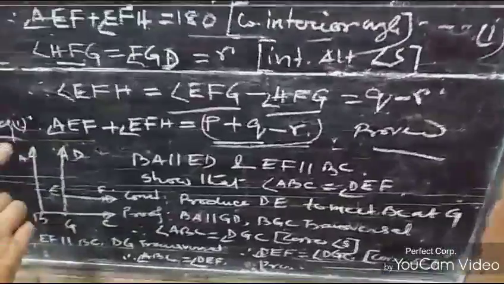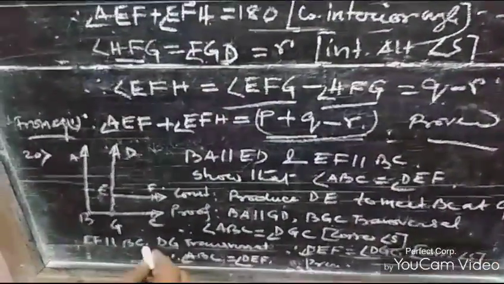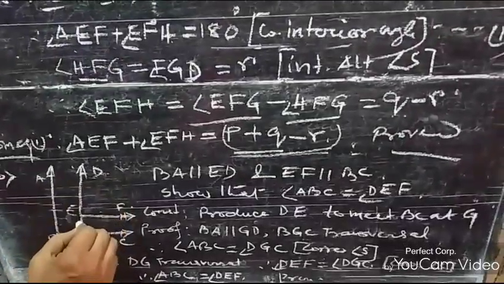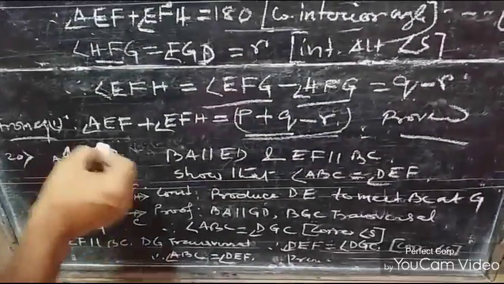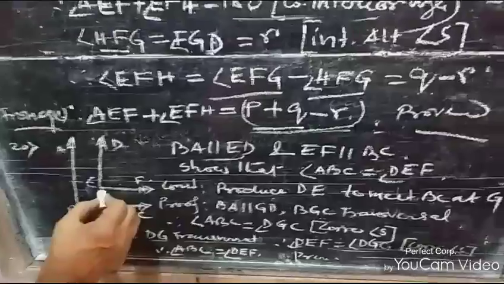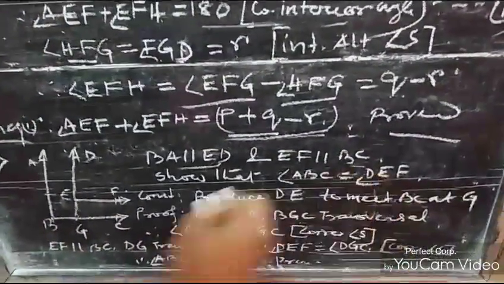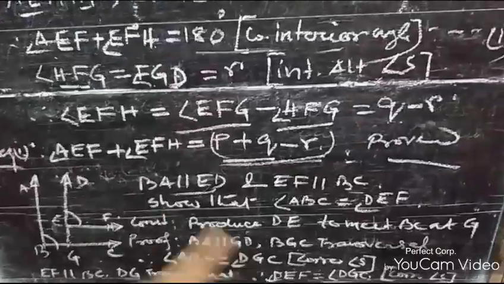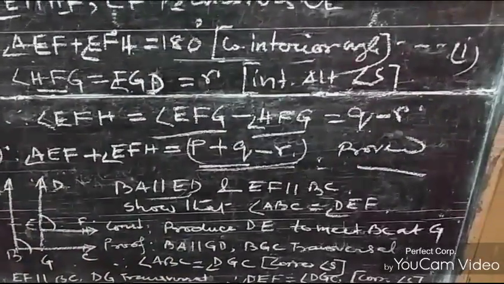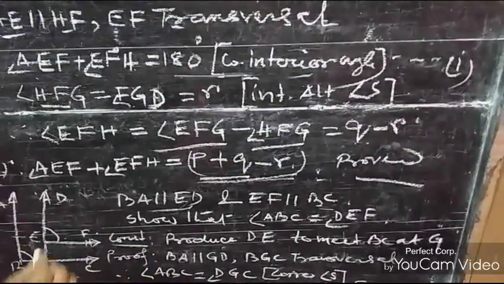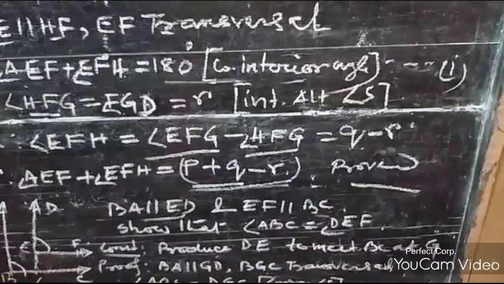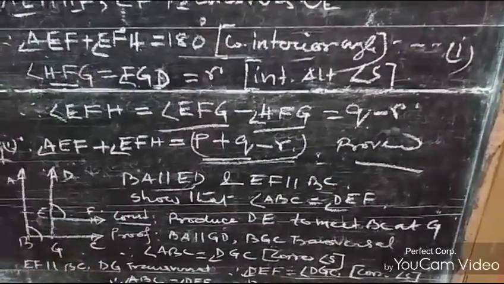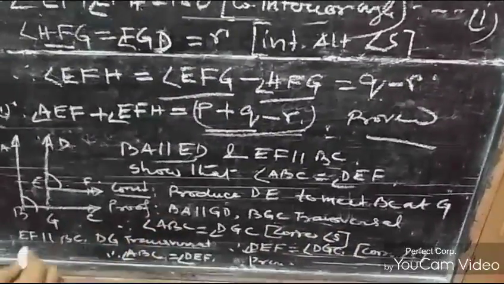Next, number 20. This is also a very good problem. Here it is given AB is parallel to ED and EF is parallel to BC. We need to prove that angle ABC equals angle BDF. Here a construction is needed: produce DE and it will intersect BC at G. Now prove.